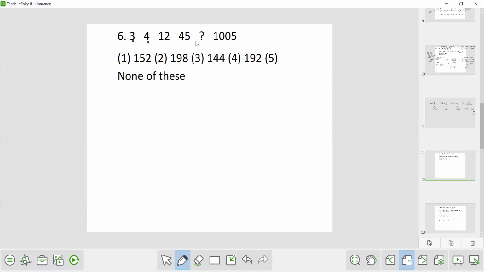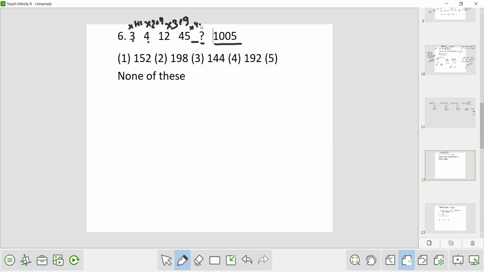So here we don't know what 45 gets multiplied by and this missing term comes, then what this missing term gets multiplied by and this 1005 came. But from 12 and 45 we can say that it is nearly 3 times. From 4 and 8, if it is 3 times, then it will be 2 times and then 1 times. So just write from here, into 1 plus 1, into 2 plus 4, into 3 plus 9.